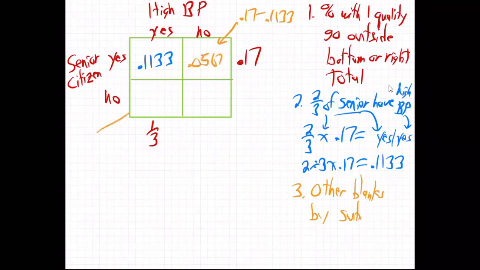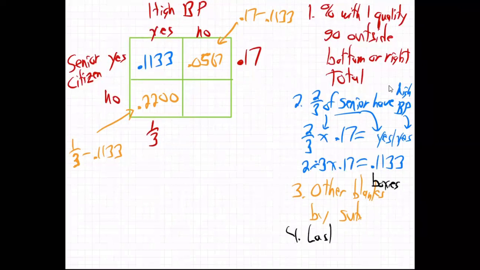And then this blank, same kind of thing. This one has a fraction, but it's the same thing. 1/3 minus 0.1133. And so we subtract that. And so 1/3 minus 0.1133, and I'm getting 0.2200.